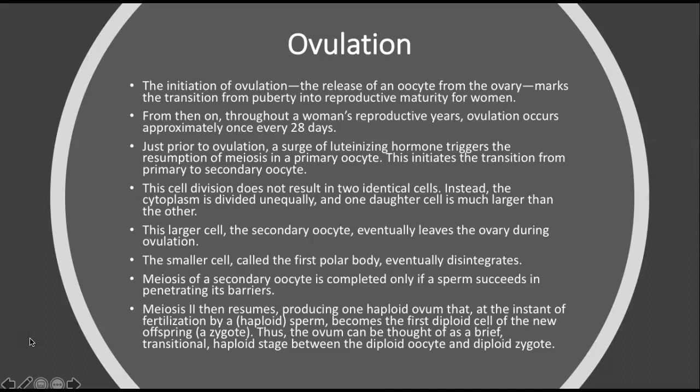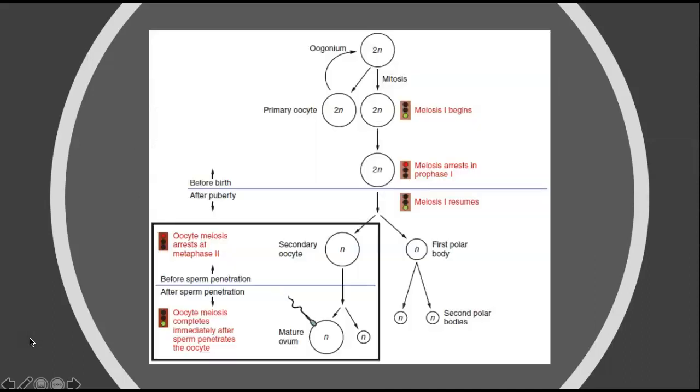And what it will produce is one haploid ovum that at the instant of fertilization by a haploid sperm becomes the first diploid cell of the new offspring, which we call a zygote. And then that ovum can be thought of as a brief transitional haploid stage between the diploid oocyte and a diploid zygote. So here's a picture.